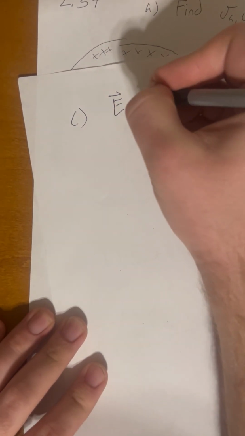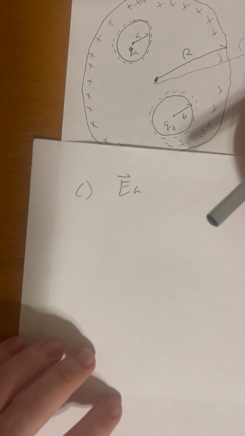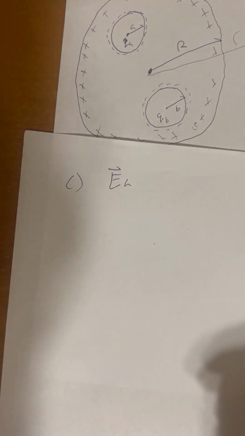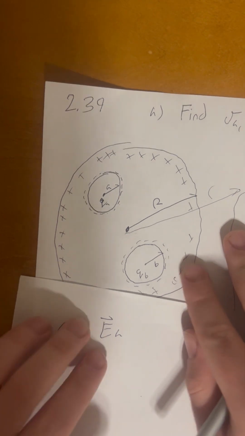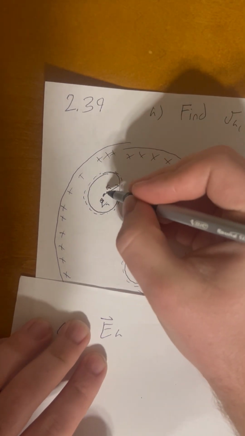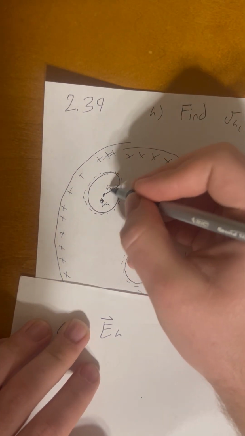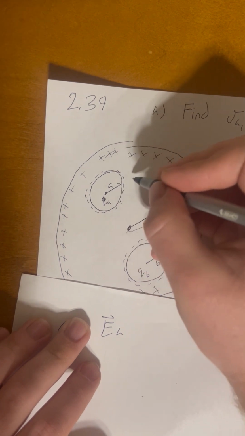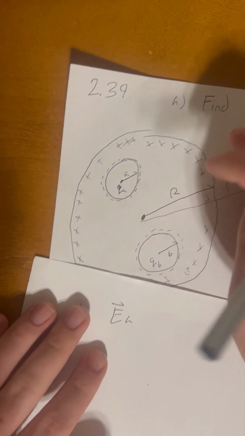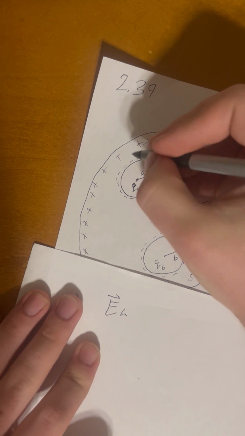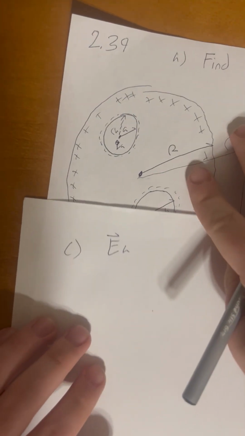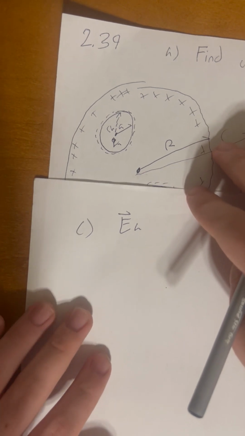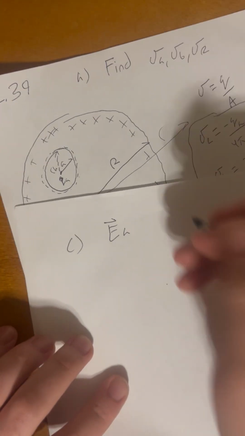So electric field A. How would we find this out? Looking inside, we're looking at the charge only in this region, right up until right before we get to the surface. We'll call that rA, which is between 0 and a, the radius of the cavity.